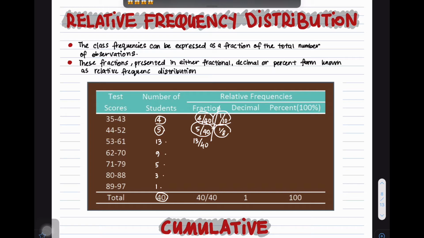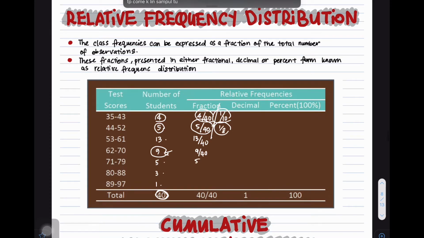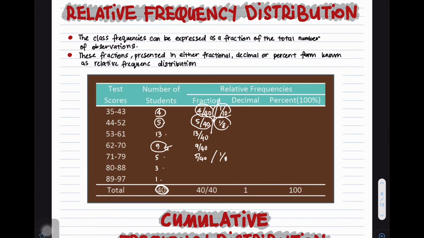And then for this class, the fraction will be 9/40, because 9 is the frequency of the class and 40 is the total number of the whole frequency. Then we have 5/40 here, or 1/8 simplified, for this one 3/40, and this one 1/40.